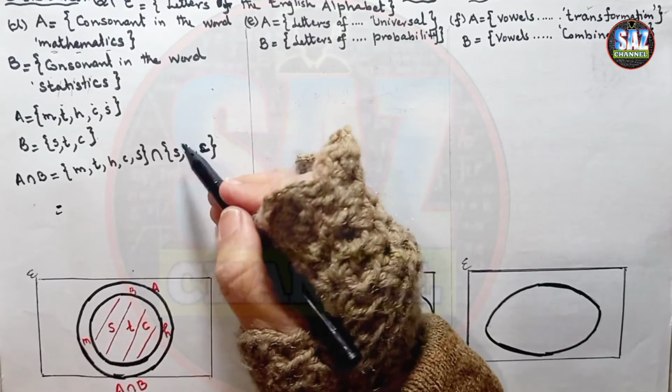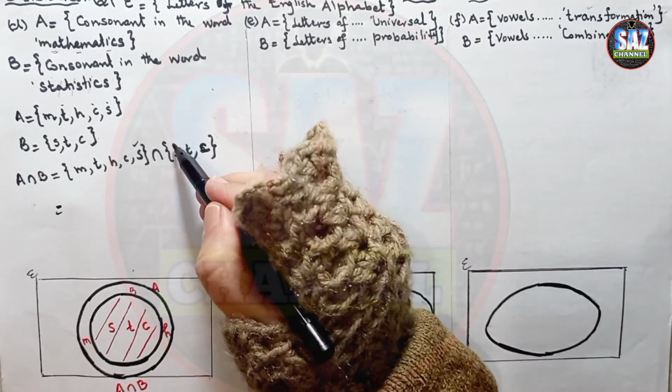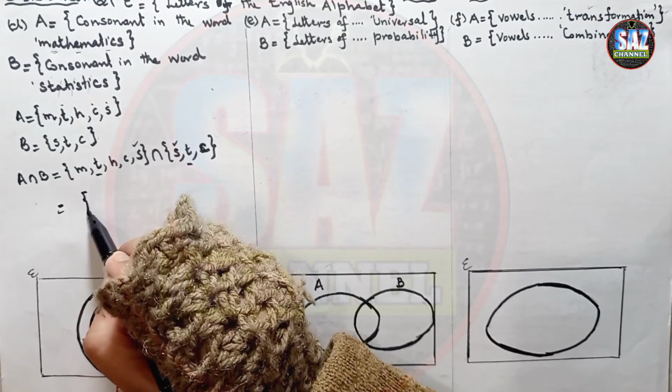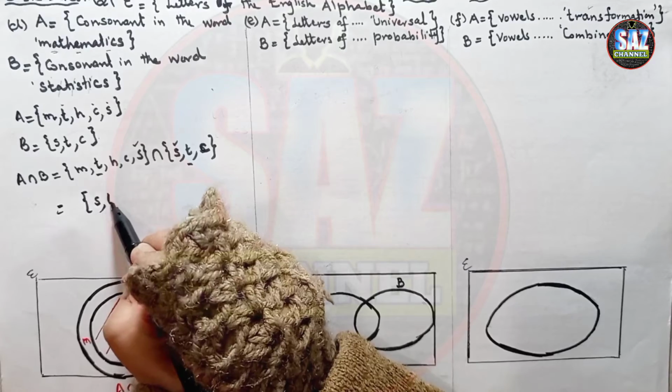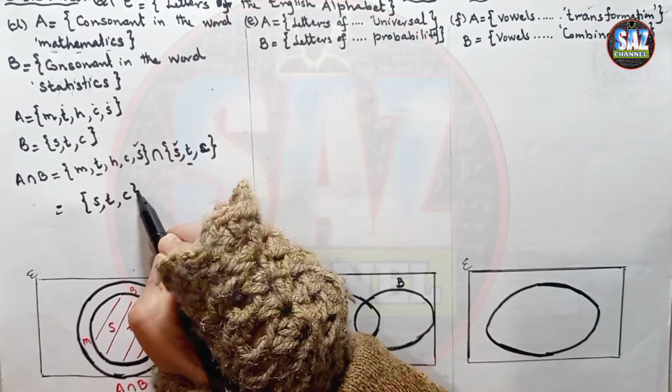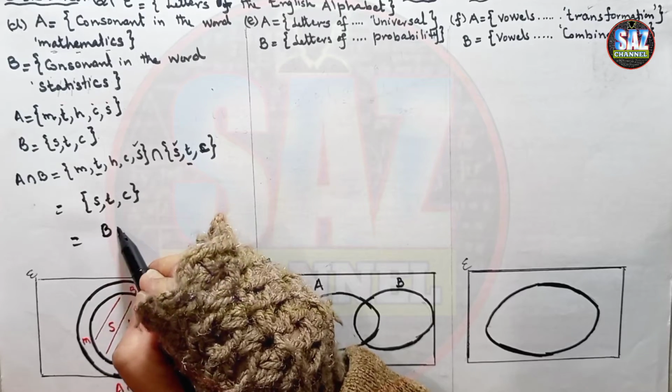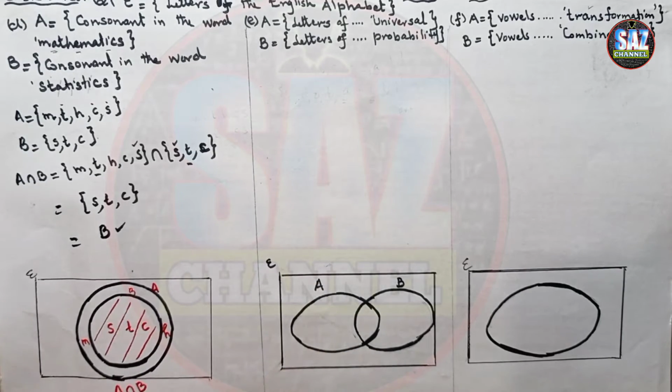So the common elements are S, T and C. A intersection B is S, T and C, which is equal to the subset, which is equal to B. So I hope you are clear about this question.